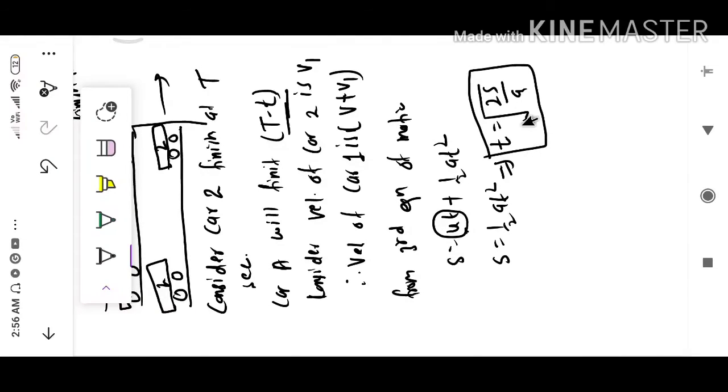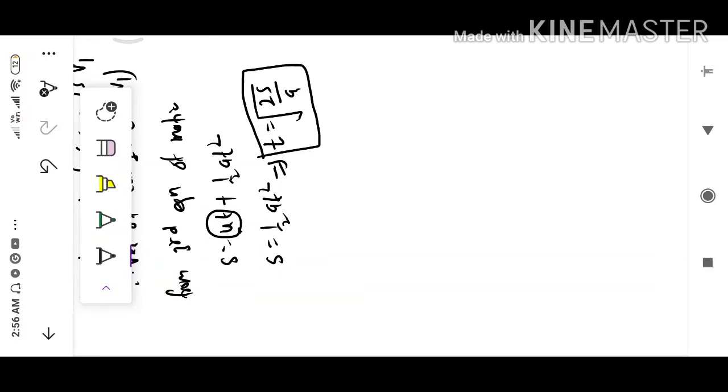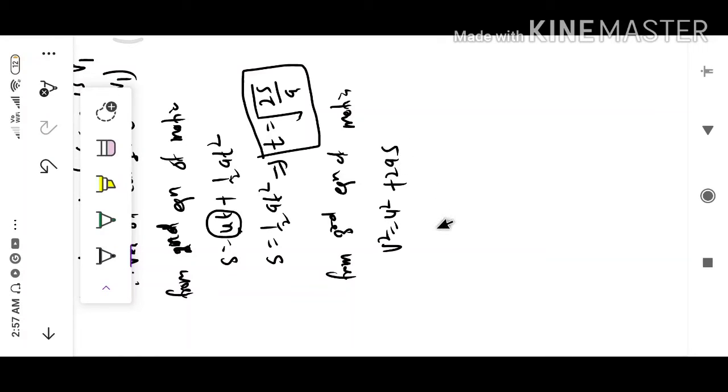And now from the third equation of motion, what can I write here? v square is equal to u square plus 2as.